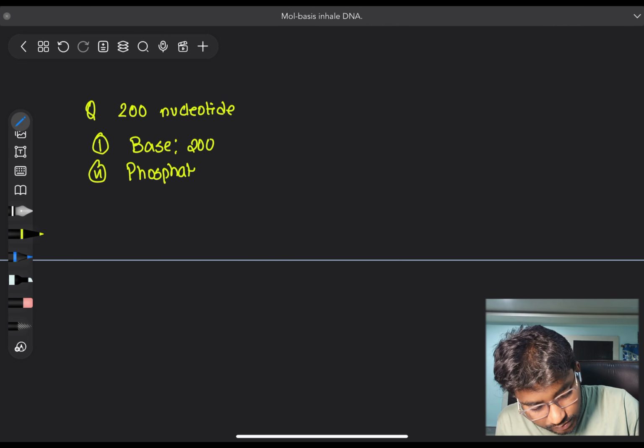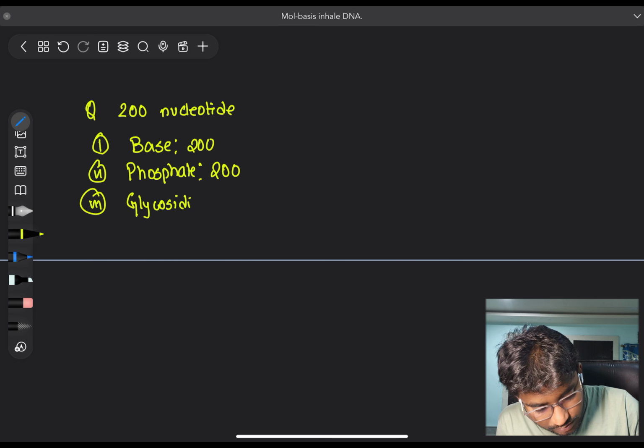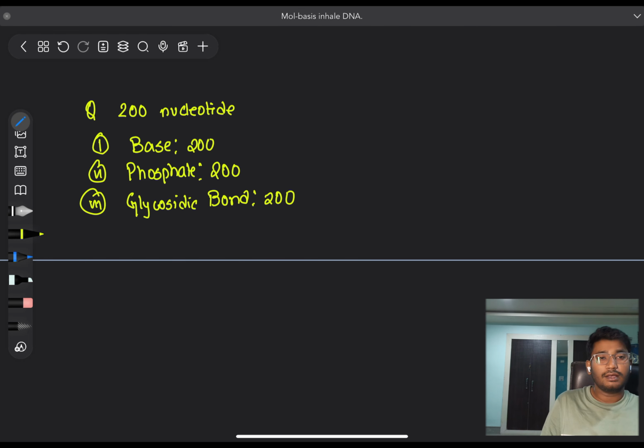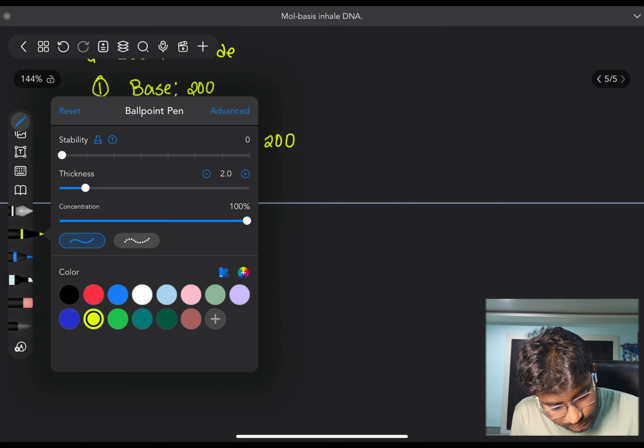If it's 200 nucleotides, base 200, phosphate group 200, and glycosidic bond is also 200. Okay, so now take a note. What does the DNA contain? It is very important.